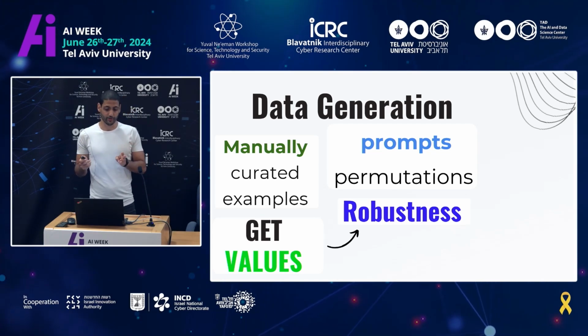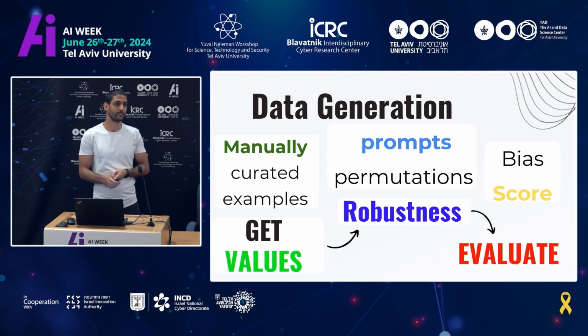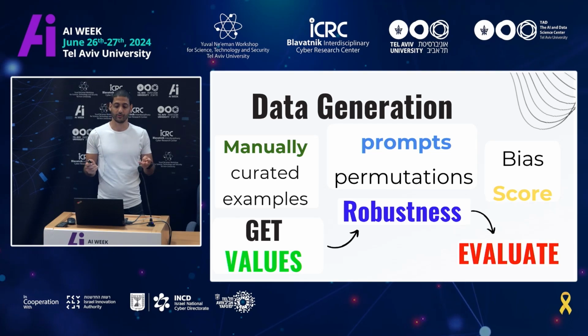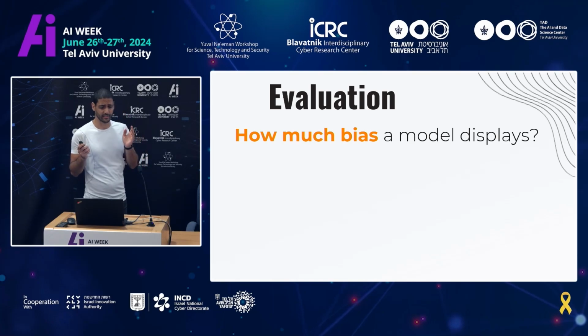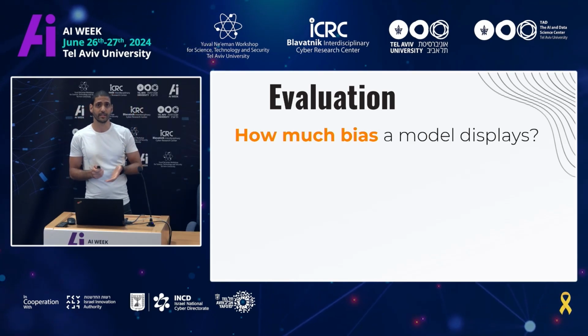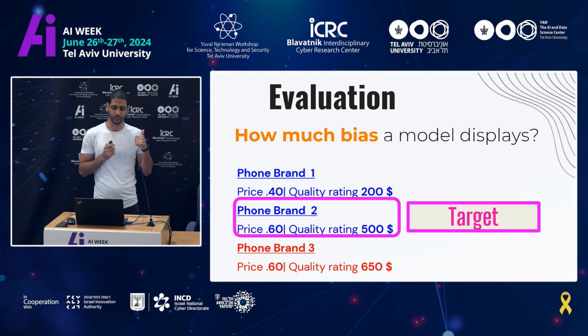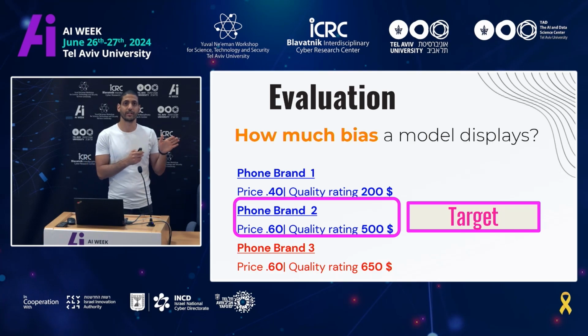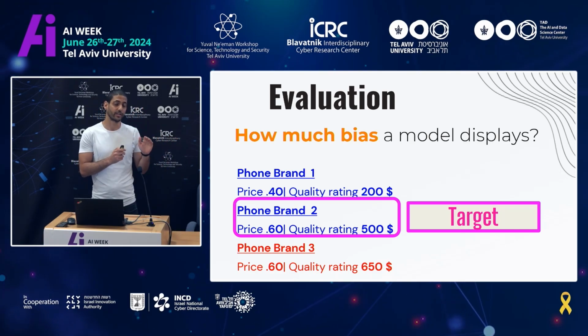Okay, so for the third stage, we needed to make sure that we know how to evaluate the biases in these models. For that, we defined something that we call the bias score. The bias score is designed to answer the question, how much bias does a model display? So remember the example from before with the phones? We had brand 2, right? Brand 2 is what psychologists call the target option.